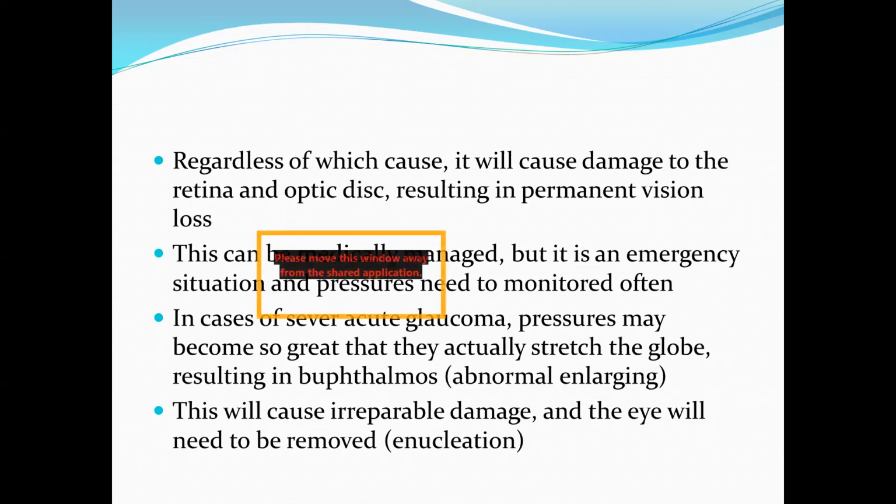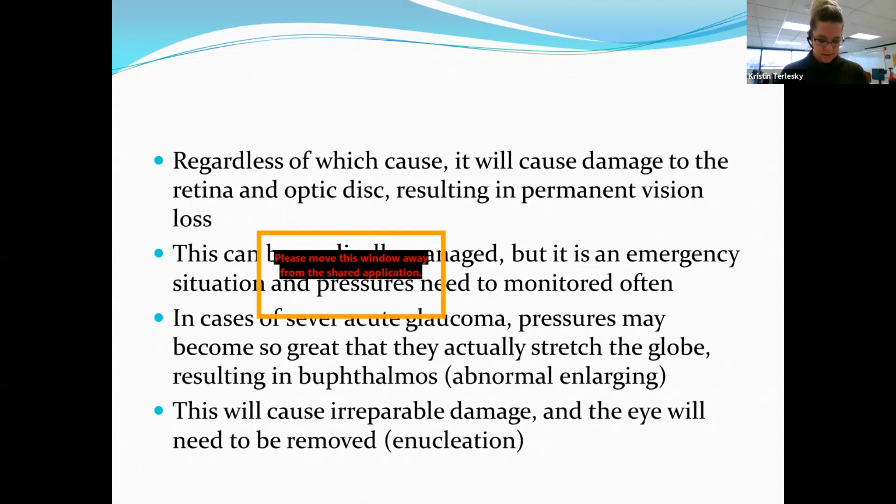So like a 7A, your retina contains your rods and cones, and you remember your rods are sensitive to light. That's your black and white. And then your cones are detail and all the rest of the colors. And that's within the retina.